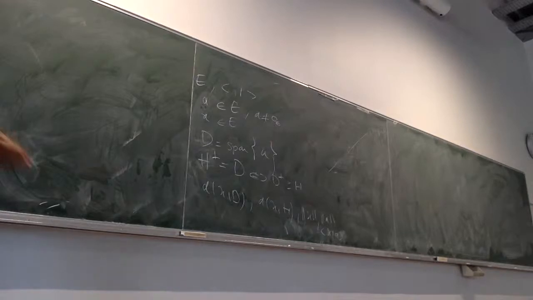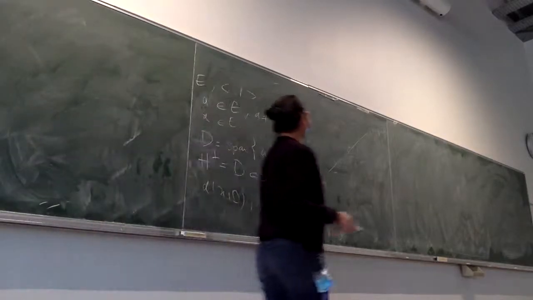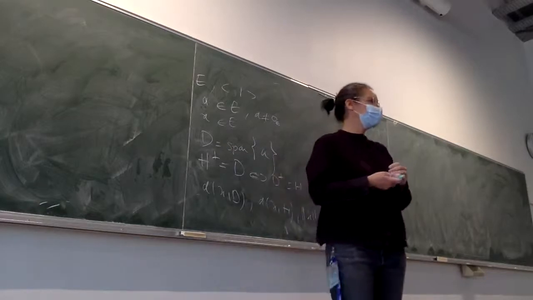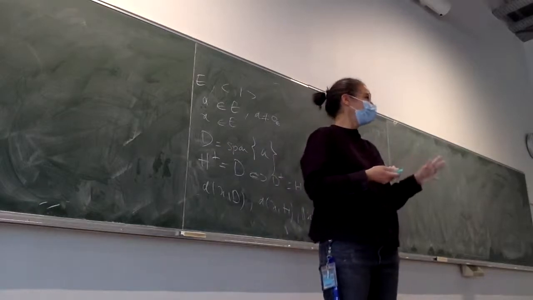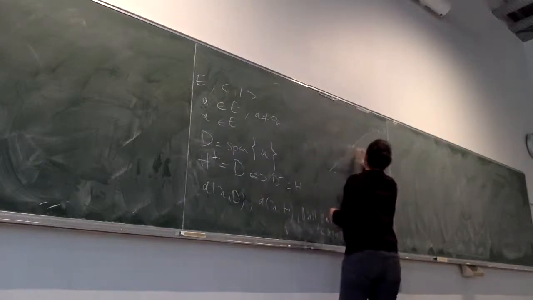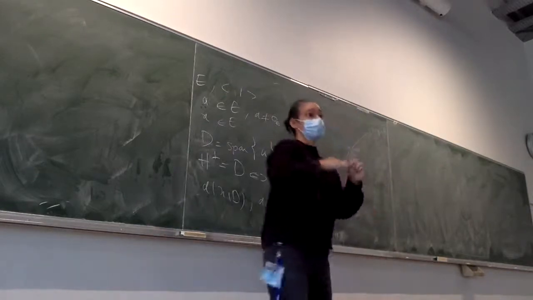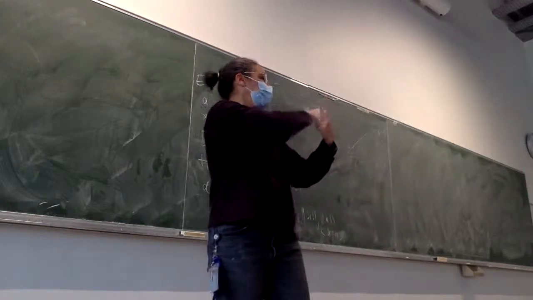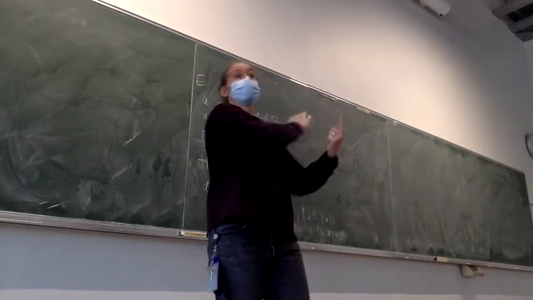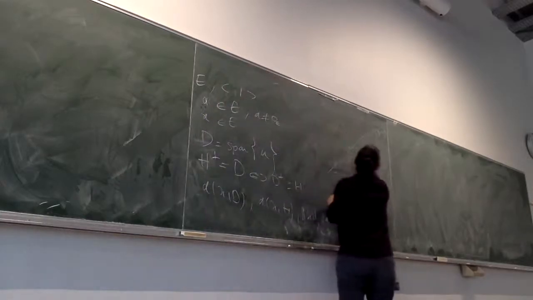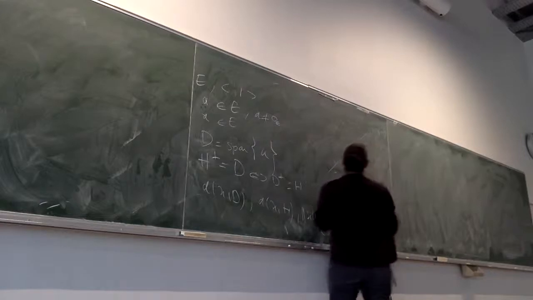So what would be the orthogonal complement to that line? Yes, a plane. It's just going to be a plane that is orthogonal to that line. You can make the orthogonal plane to that line, and it's the one that goes through the origin because it has to be a vector space. So that would be H.